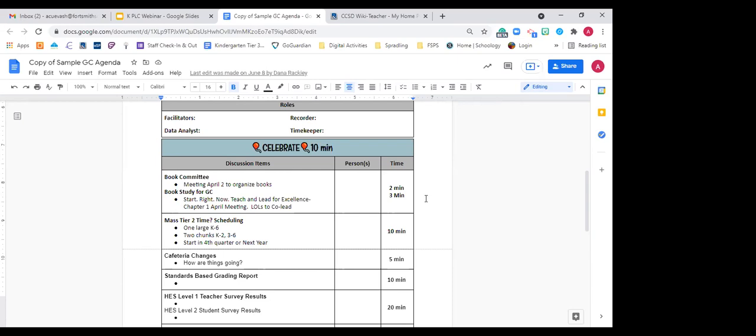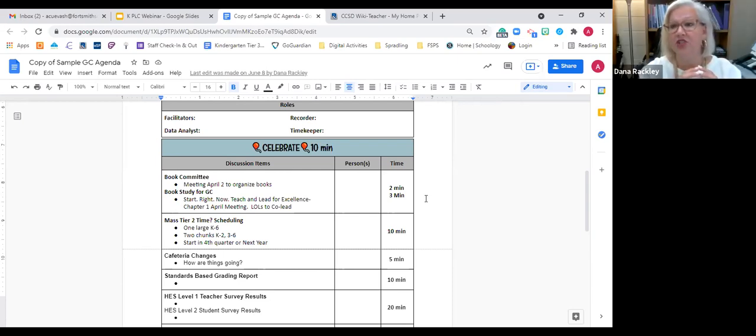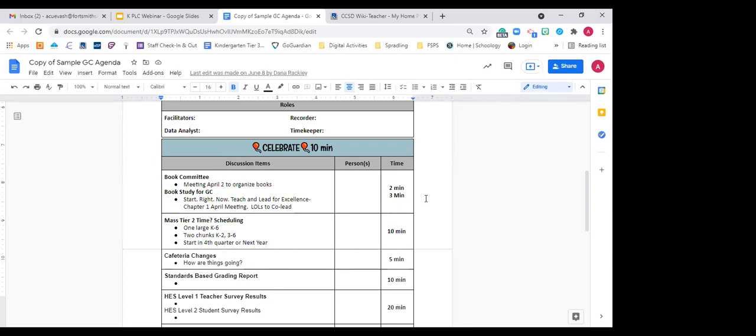If we discover that there is a conversation that needs further discussion, we can tack that on to the next meeting. We can make adjustments as needed. There have been times we've discussed a topic and we discover we need another subcommittee to carry on that conversation to help make some decisions for that also.